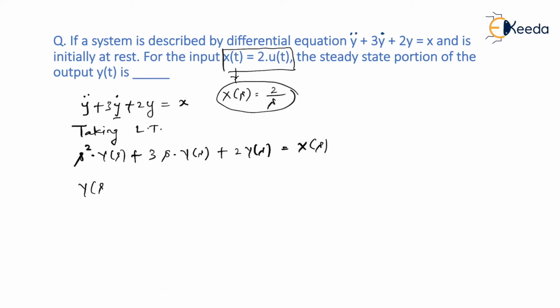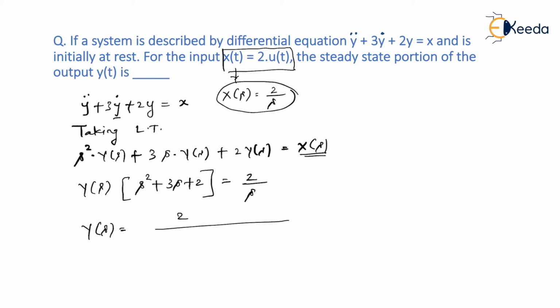So we have the X of s value and we can substitute it as 2 by s. Let us take Y of s out. What remains inside? It is s square plus 3s plus 2. And on the right hand side, X of s can be replaced as 2 by s. And finally, I can write my Y of s as 2 whole divided by s into s square plus 3s plus 2. So here, just by observation, there is a single pole. Now this is important, single pole at what? Origin.